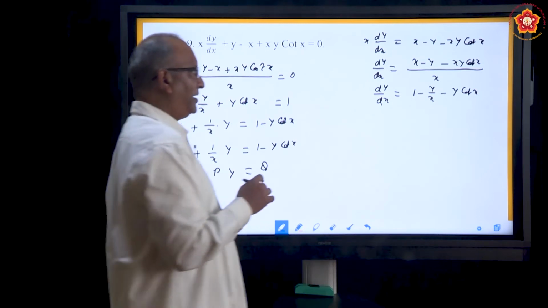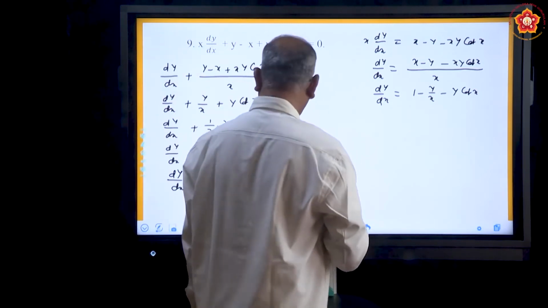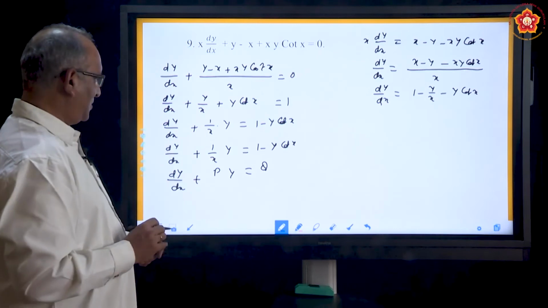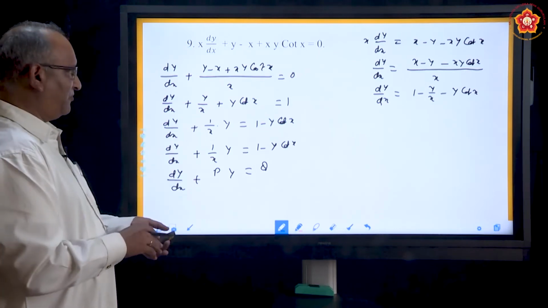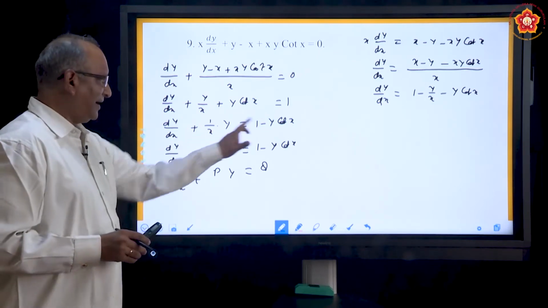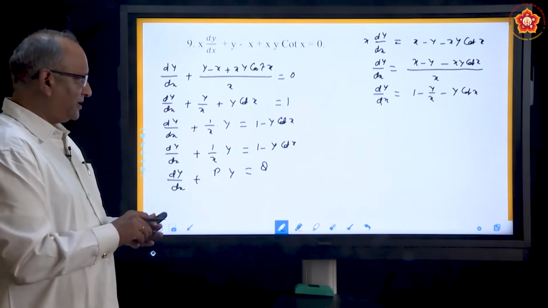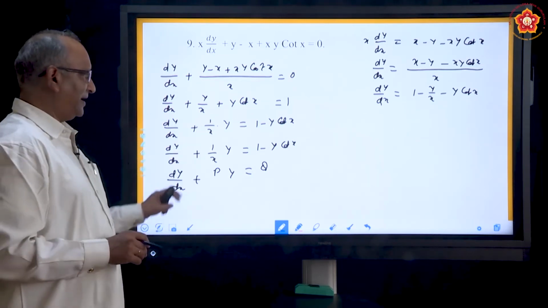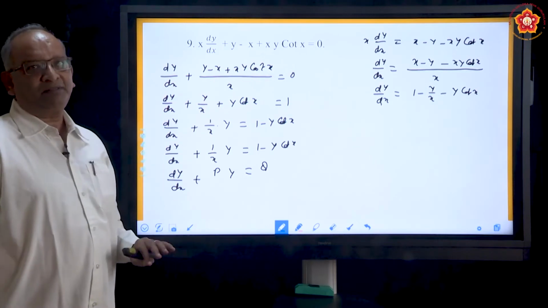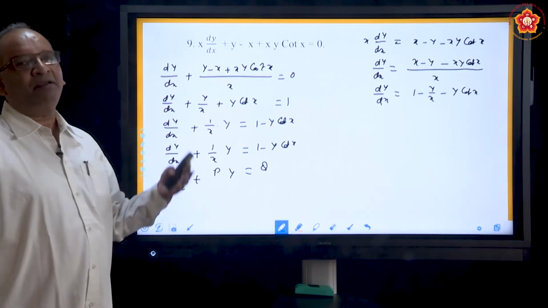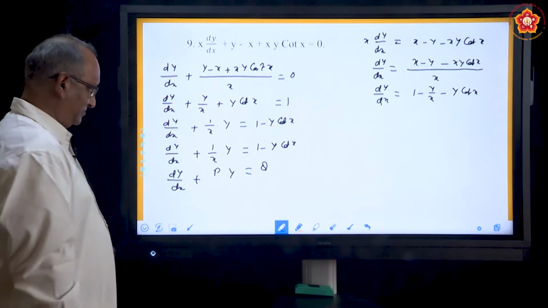Or you can also think this way. In fact, here itself you can think this way. What can we do? We can put both y terms together. If you put both y terms together, then automatically the q will not have the term with y.